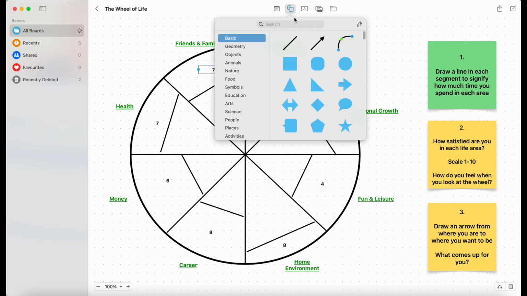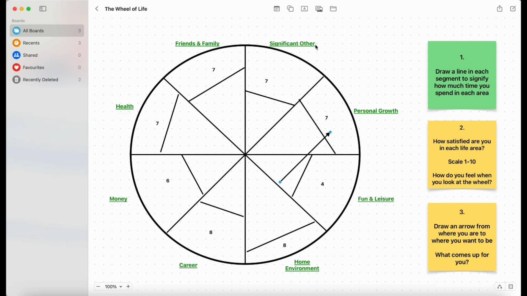I'm going to disappear again, but I'm going to get the arrow here. Here it is. So let's start with significant other. Right, so I'm at a 7. Currently I spend about half my time with them, and I want to be here. I think it's always healthy to have a bit of a break, not to be surrounded by the person you love all the time.